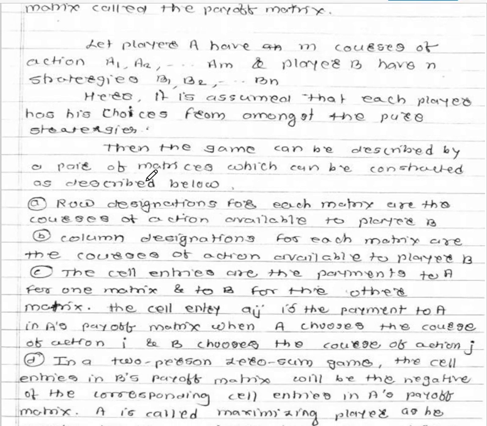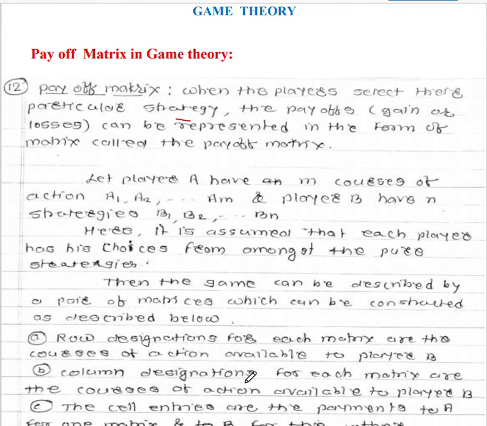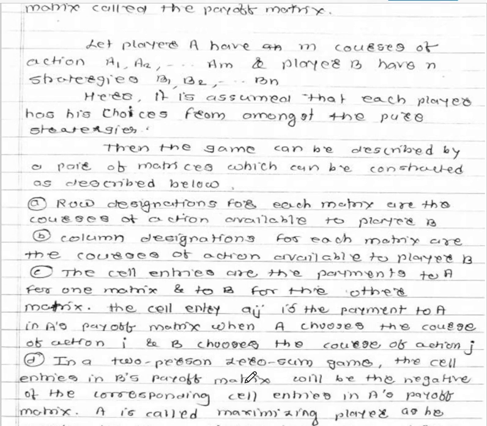In the following way, the payoff matrix can be designed for player A and for player B. So what are the rules to design a payoff matrix?